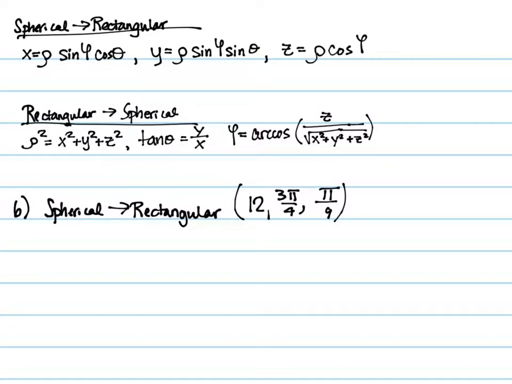So looking at the spherical into rectangular, we have definitions exactly for x equals, y equals, and z equals. So x equals rho, which is 12, sine of phi, which is my pi over 9, and then cosine of theta, which is 3 pi over 4.